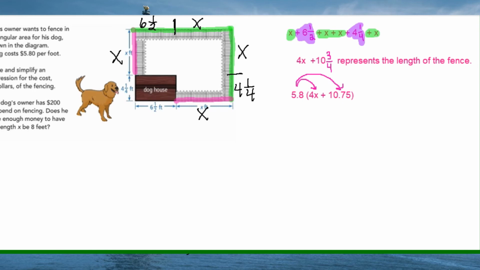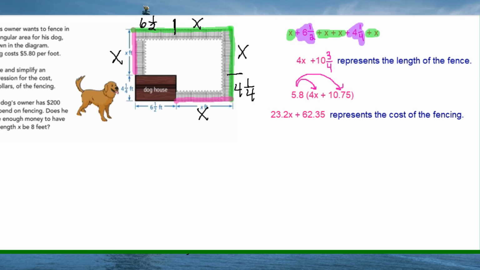So once I distribute that, I get 23.20x when I do 5.80 times the 4x, and when I do 5.80 times 10.75, I get $62.35. So this expression here represents the cost of the fencing. So this answers part A. Part A is 23.20x plus 62.35.